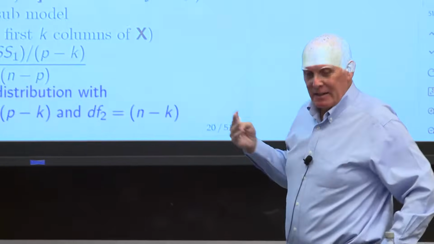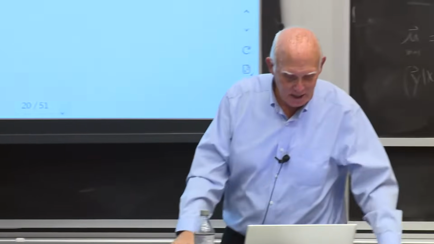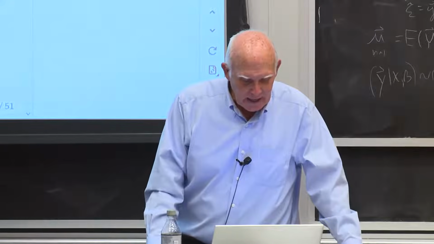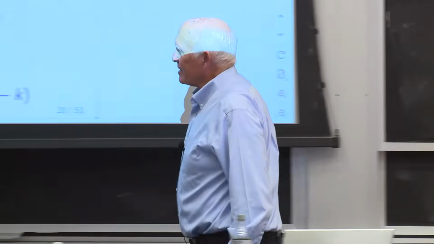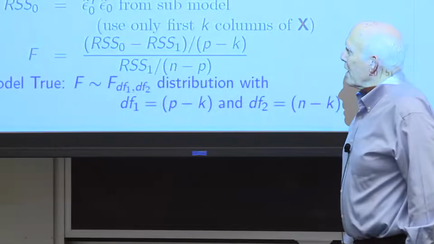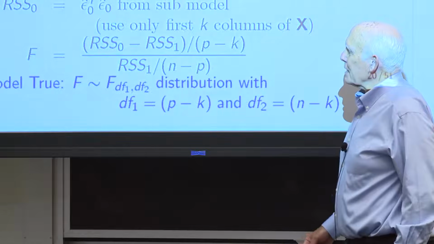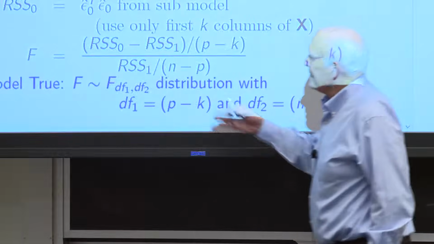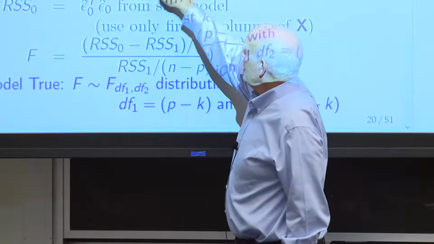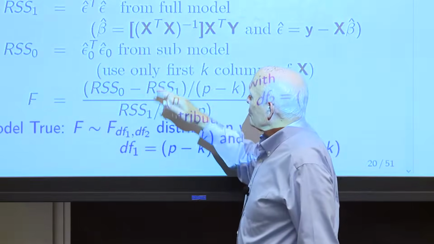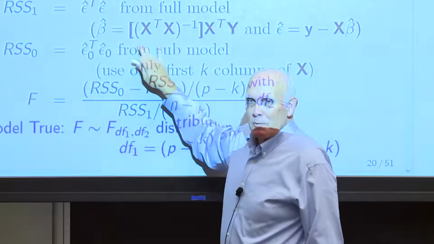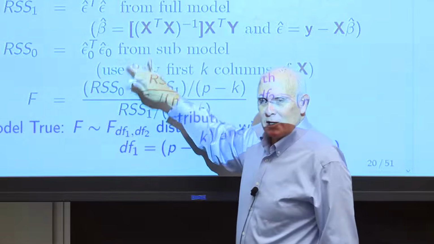This F statistic is a ratio of normalized sums of squares and differences thereof. This F test statistic comes up as an analysis of variance statistic, where one can estimate variability using the residual sum of squares from the full model. One can then also look at the residual sum of squares from the submodel.